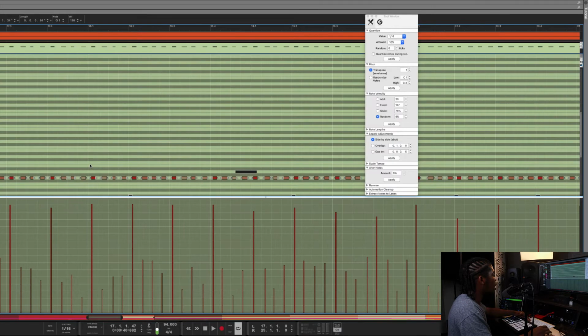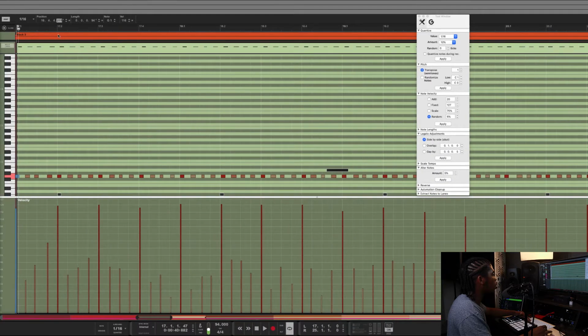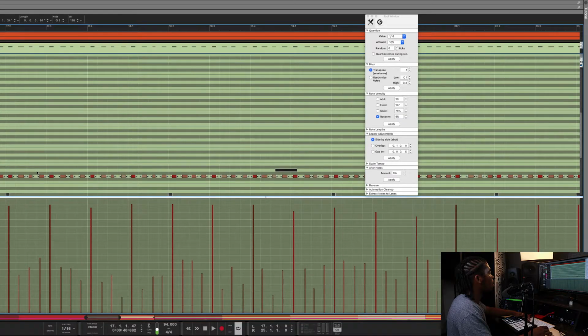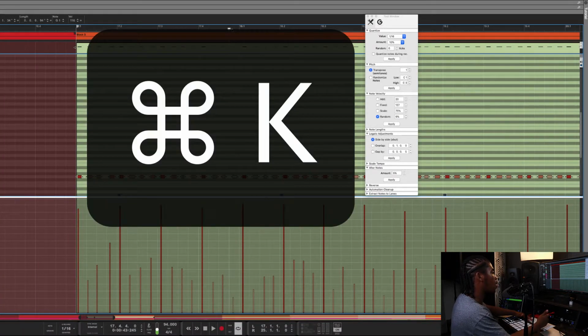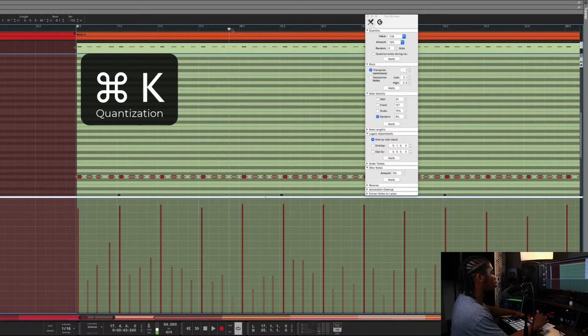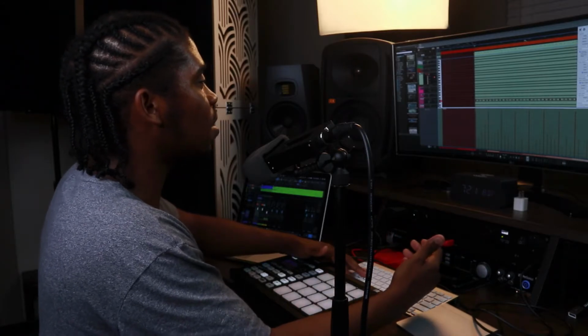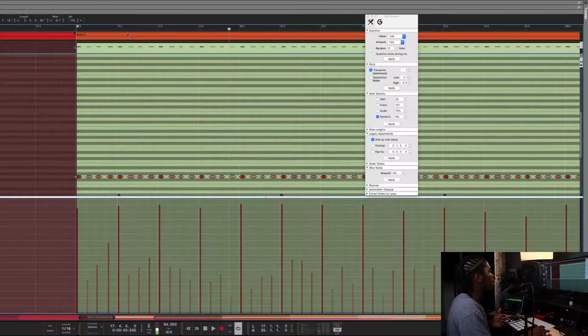For this, if I slide all of these over, most of them are going to be positioned close to that 16th marker. Then I'm simply going to press Command K, which is the shortcut for quantization, about 8 times. Literally, 8 is the magic number that I usually use. And then give it a listen.